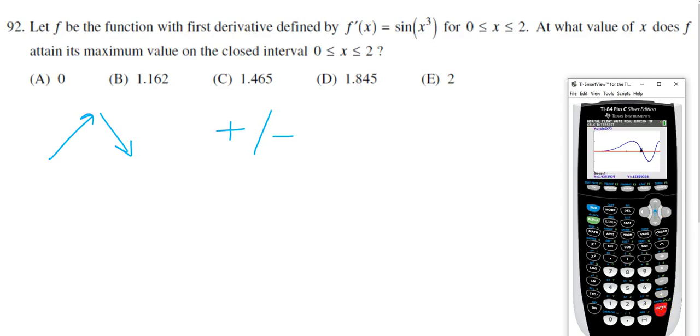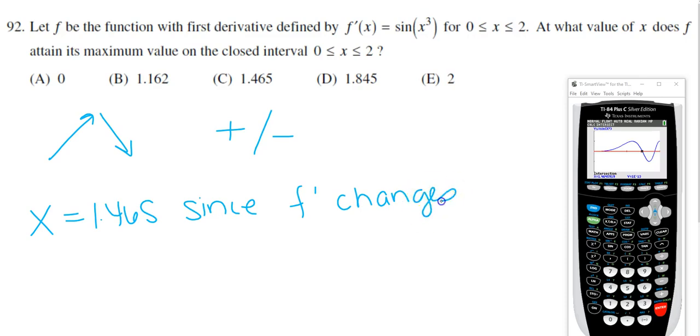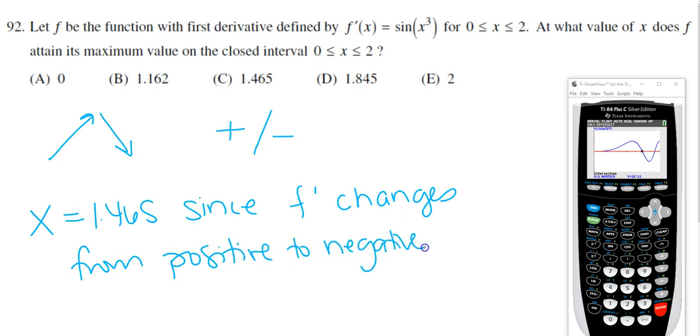Hit enter 3 times, and I'm getting 1.465 if we round. And our work will be since f prime changes from positive to negative there. And that is it.